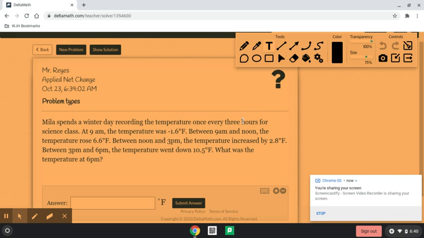So the first thing you have to do here is just note that this is just a bunch of addition and subtraction. At 9 a.m., the temperature started out at negative 1.6. Between 9 a.m. and noon, the temperature rose. That means it went up. You add it. 6.6 degrees Fahrenheit.